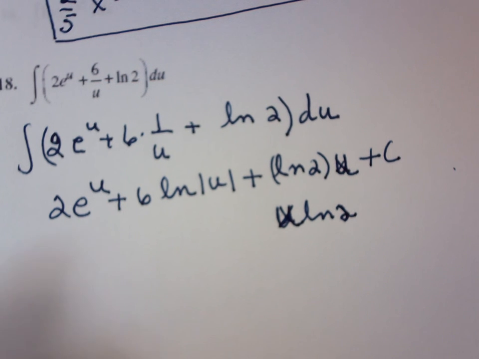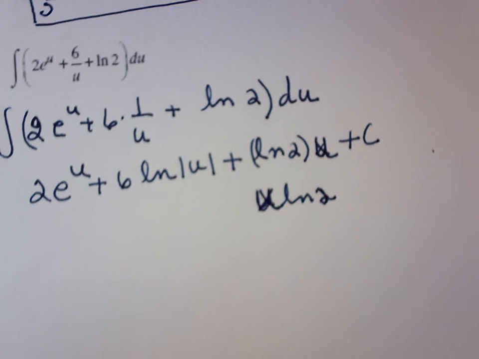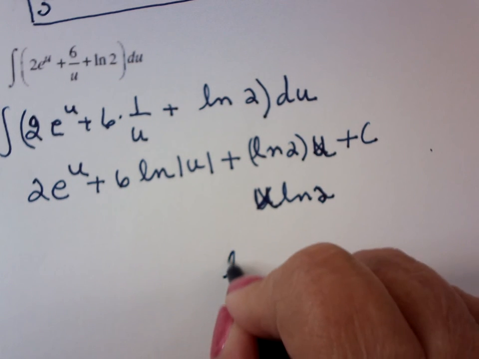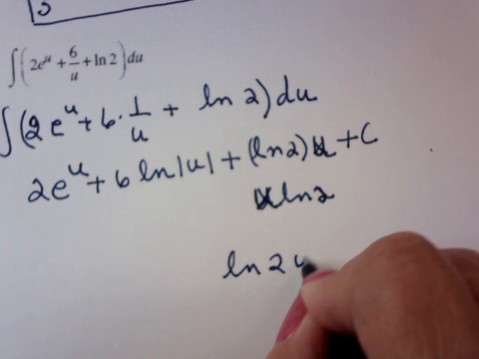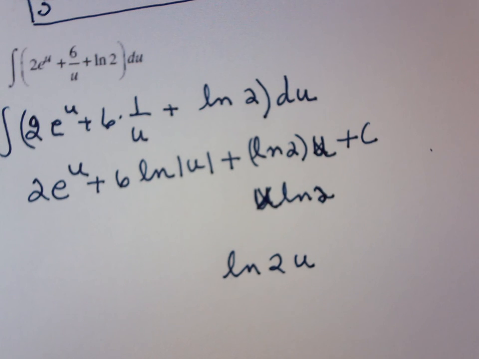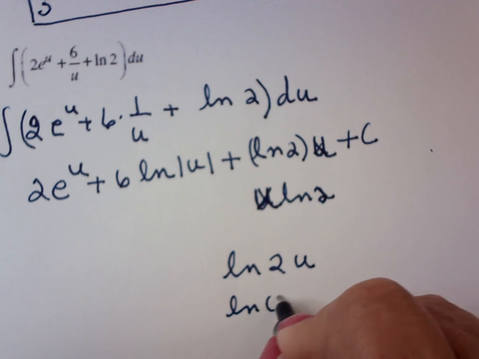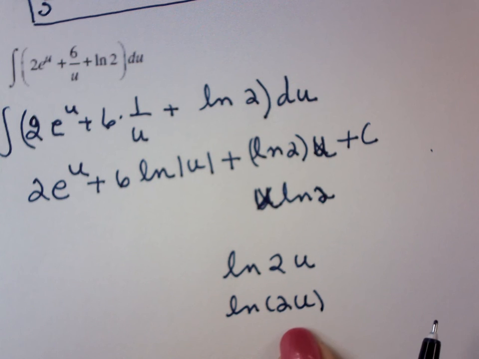If you really want to think about it, natural log of 2u: the only way the 2 would be inside with the natural log is if it had parentheses.